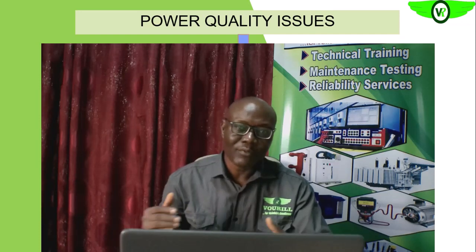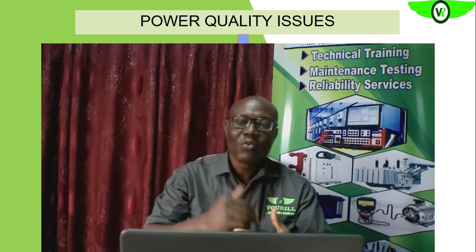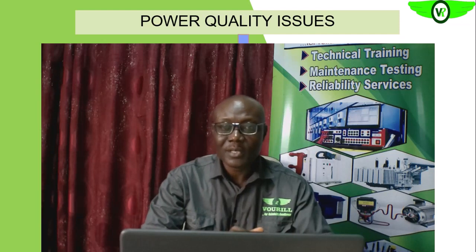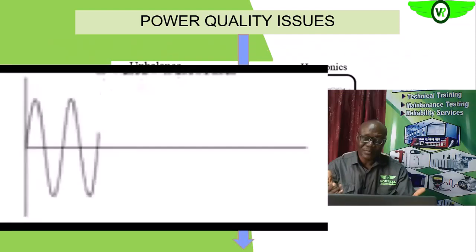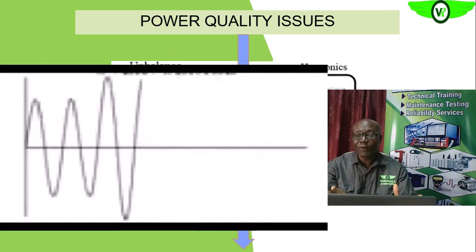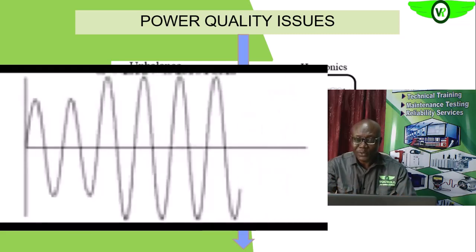So when we say over voltage, that is, the voltage is more than what is expected in our system, say about 110% and above. And if it stays for more than 1 minute, that becomes an over voltage.